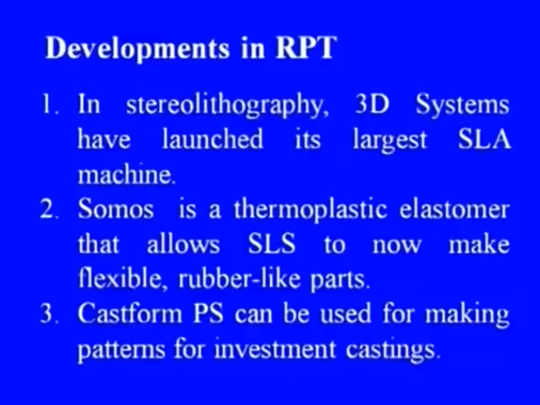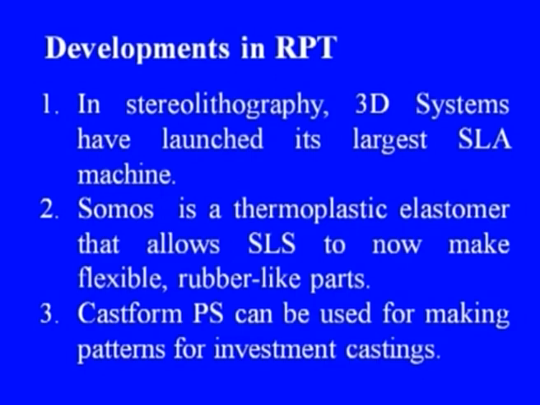Now, let us note a few developments in the rapid prototyping technologies, the new directions, etc. In stereolithography, 3D Systems has launched its largest SLA machine. 3D Systems is a company which is very premier in rapid prototyping technologies.